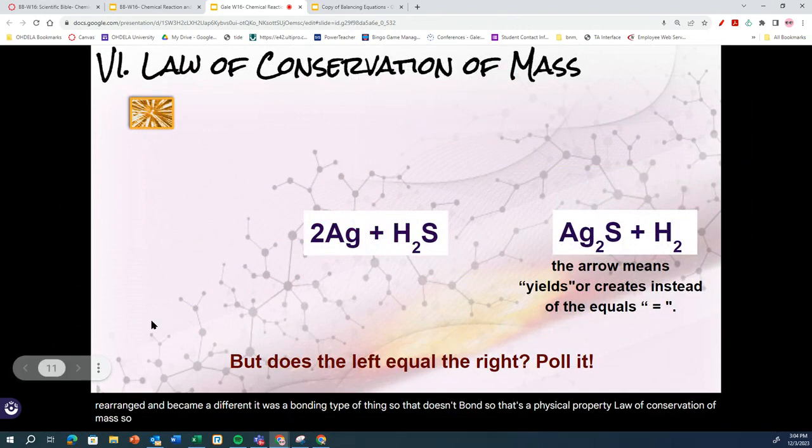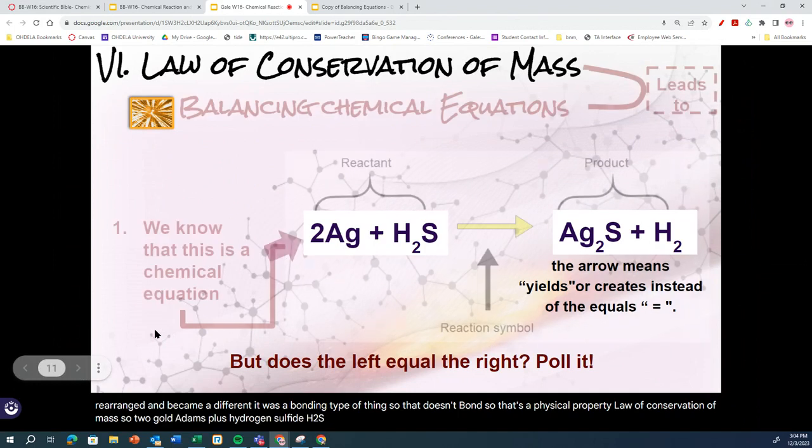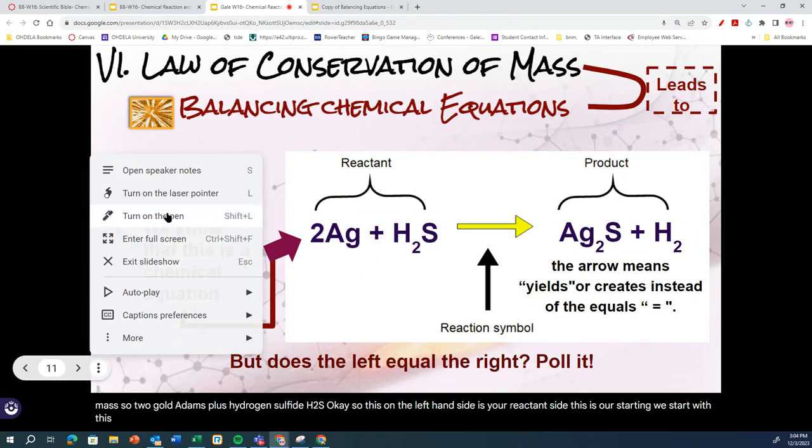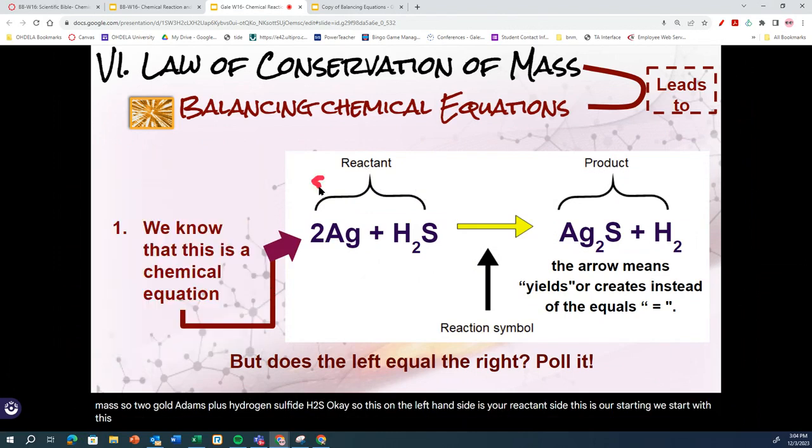So 2 gold atoms plus hydrogen sulfide, H2S. Okay, so this on the left-hand side is your reactant side. This is our starting. We start with this, right?